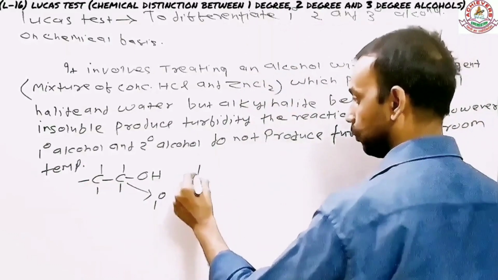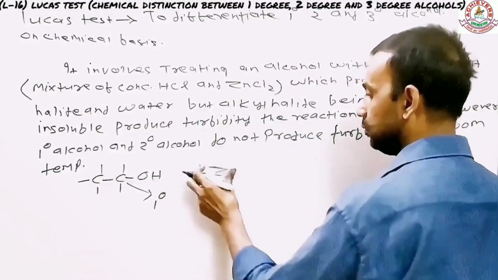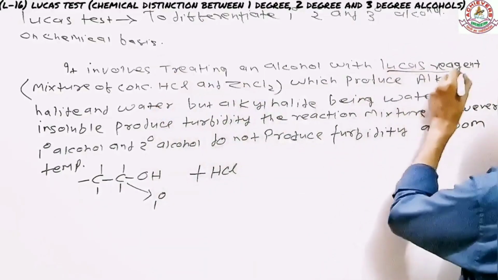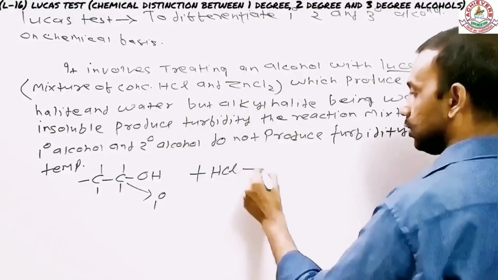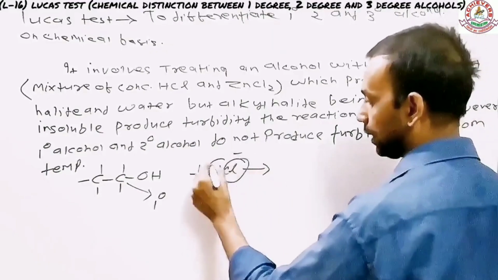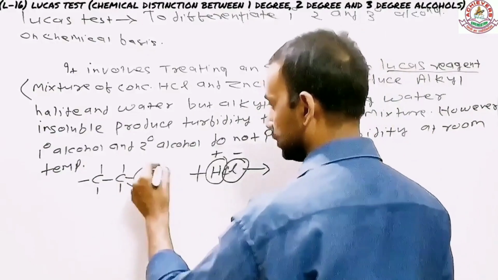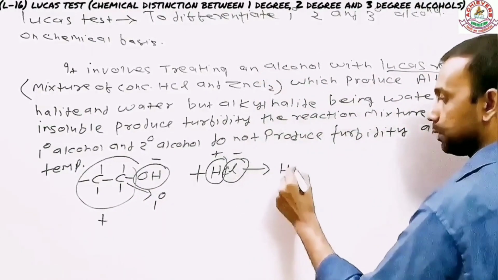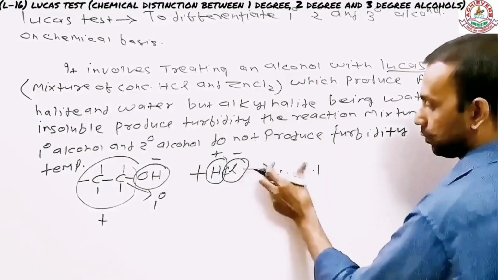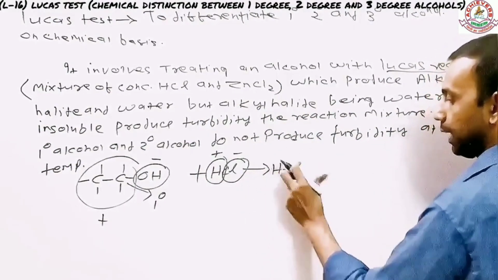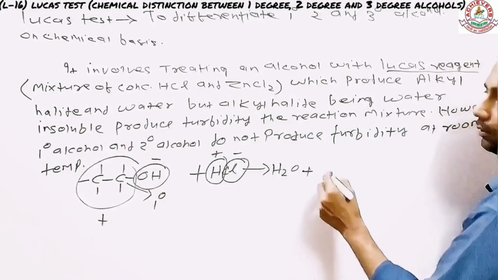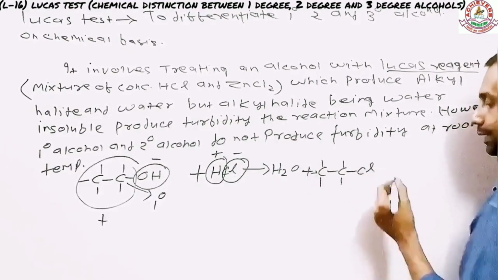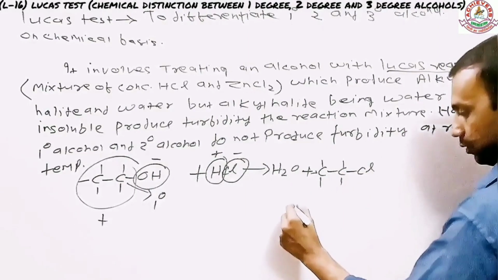So when you react 1 degree alcohol with HCl, which is present in the Lucas reagent, during the reaction the chlorine, being negatively charged, and hydrogen, a positively charged particle, convert into products. One product comes out as H2O, and the other product comes out as ethyl halide, or chloroethane, you can say. Chloroethane.